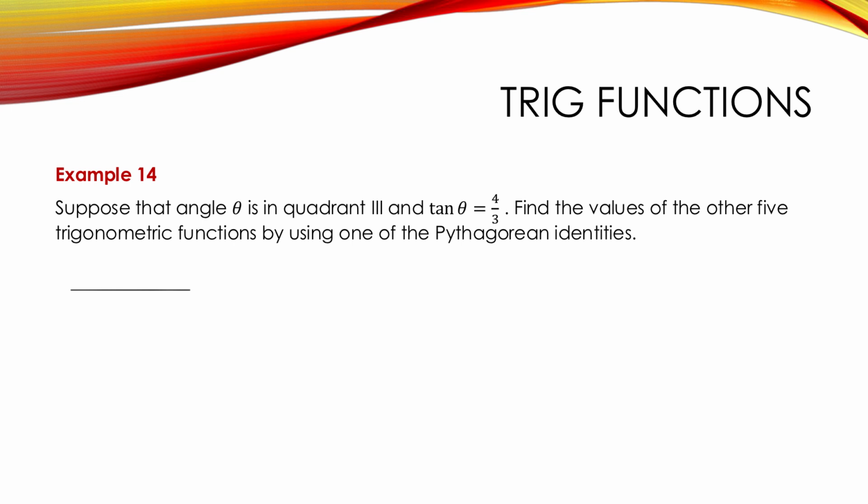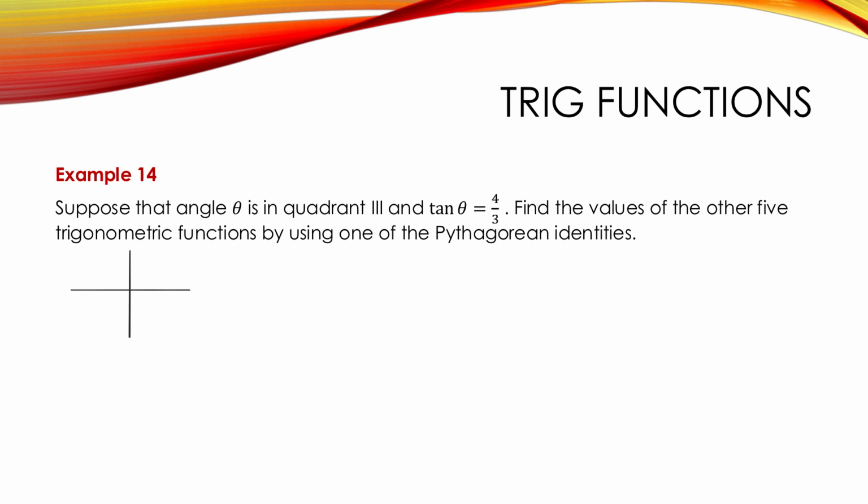We know this just from graphing, which means that the only way that we can get a positive trig function is if instead we have a ratio of both negatives. So in this case, we have that our tangent is 4/3. And that means that our opposite is 4, our adjacent is 3.